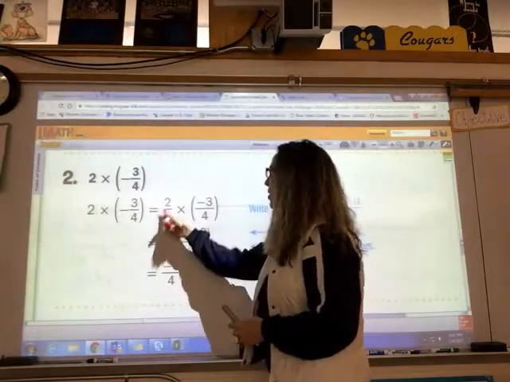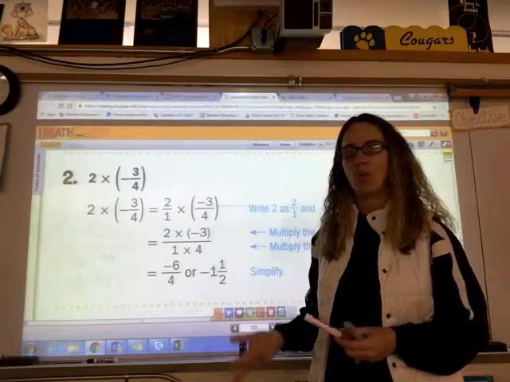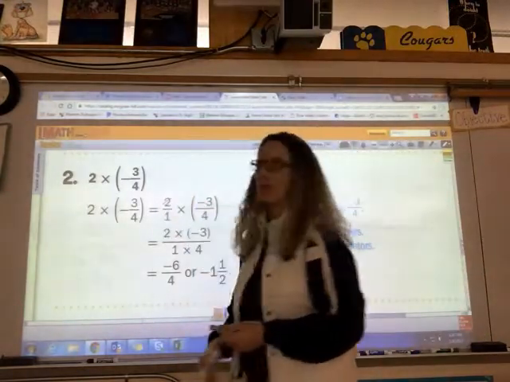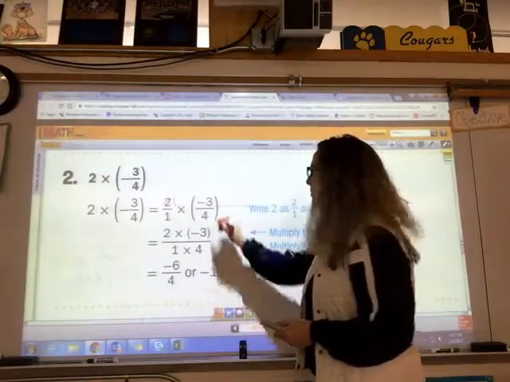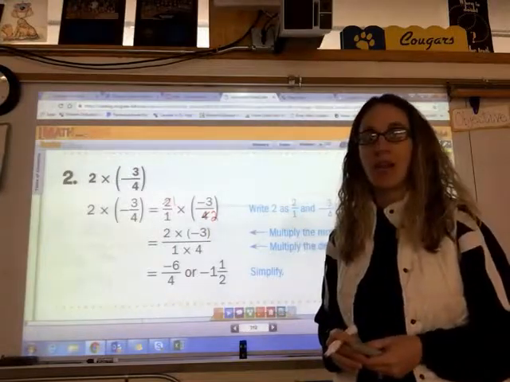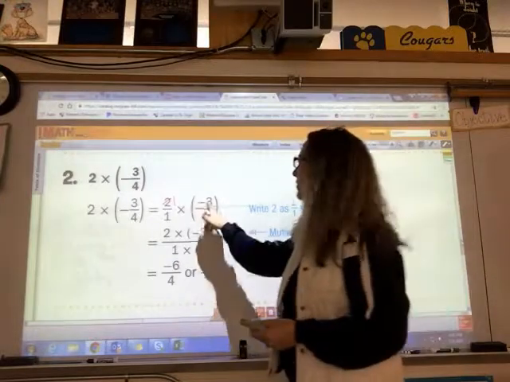One of the things that I'm going to notice is I have both 2 and 4 here. I can divide both a 2 and a 4 by 2 evenly. So I'm going to think to myself, well, 2 divided by 2 is 1, and 4 divided by 2 would be 2. So I'm crossing out the original numbers that I had there, and I'm replacing them with a 1 and a 2.